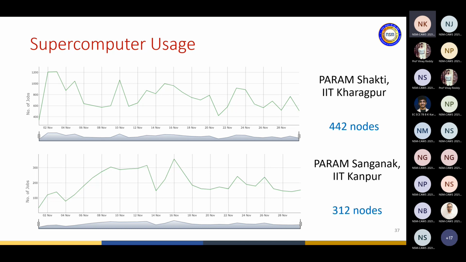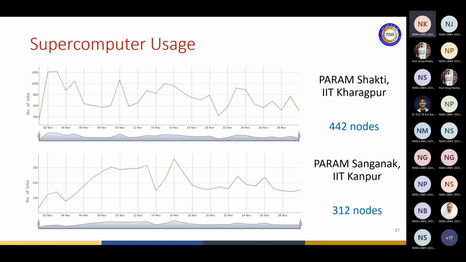I think this is from 2nd November to 28th November, so it is very recent, just the last month. And of course, you can see there's variation. Some days there are more jobs, some days fewer. And you can also see that in the top system, the number of jobs is probably 3 to 4 times higher, right?